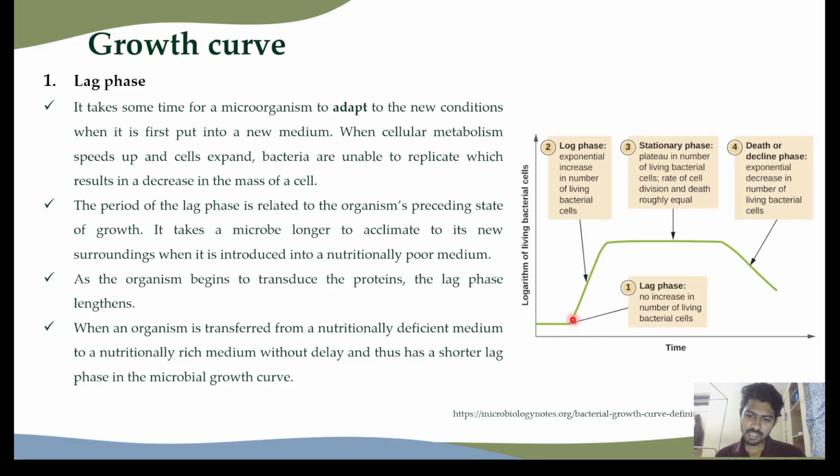There is a transition from lag to log, another transition between the log and stationary phase, and a third transition between the stationary and decline phase. So these are the four important events: lag phase, log phase, stationary phase, and death phase.